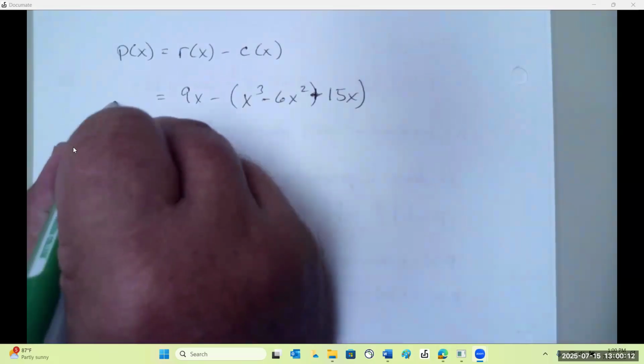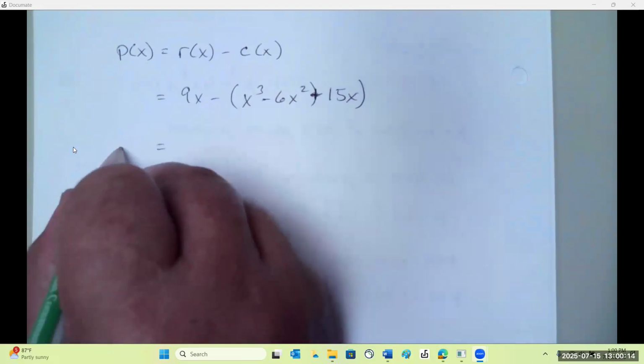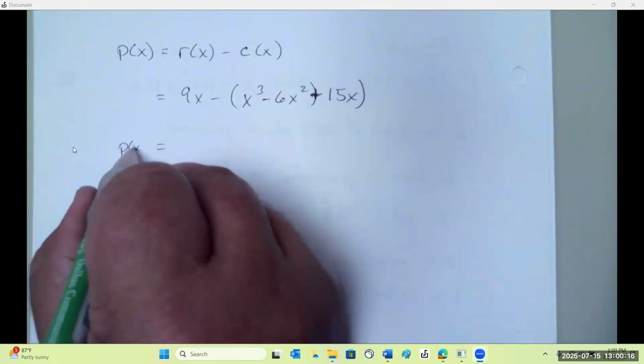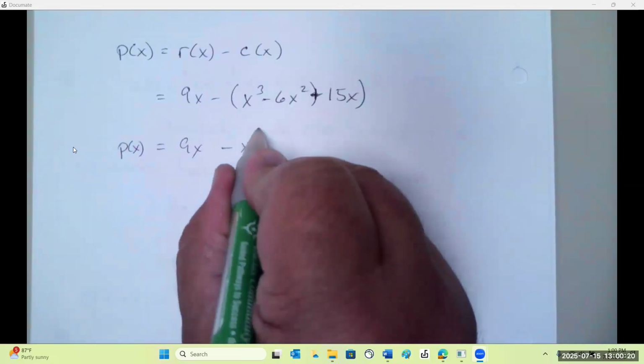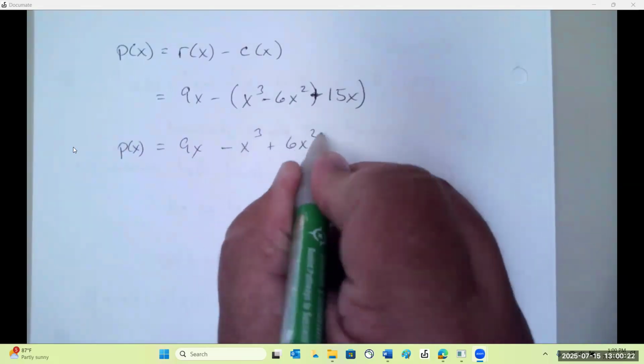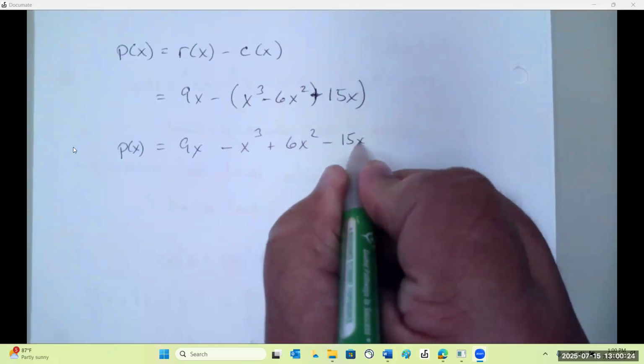Let's just simplify these. P of x is equal to 9x minus x cubed plus 6x squared minus 15x.